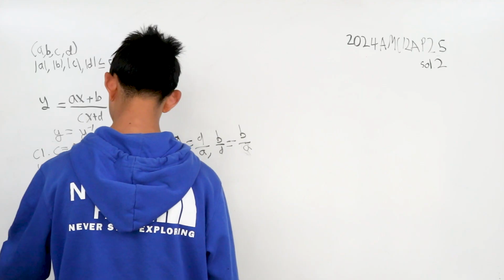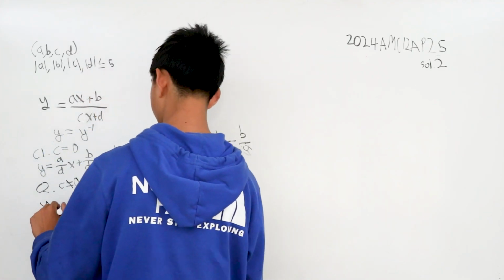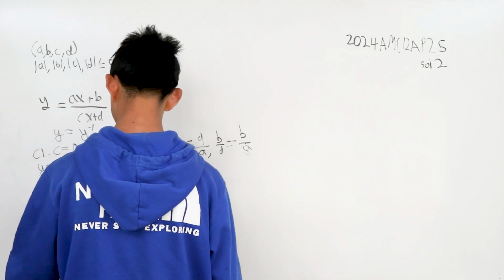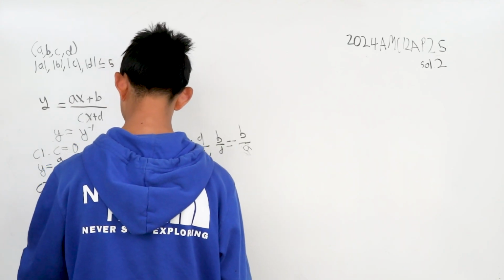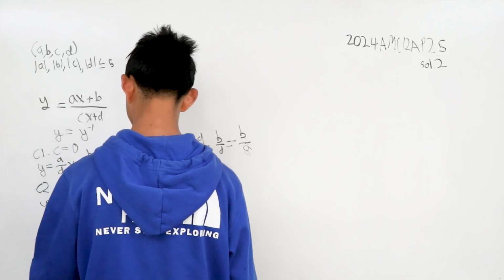where c is not equal to 0. We get y inverse is equal to b minus dx over cx minus a.